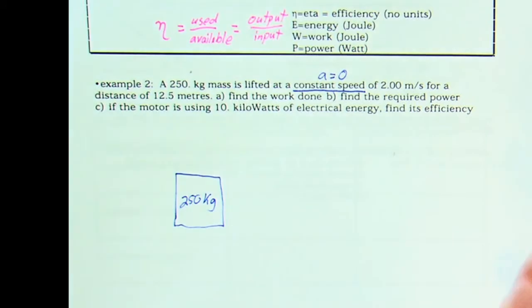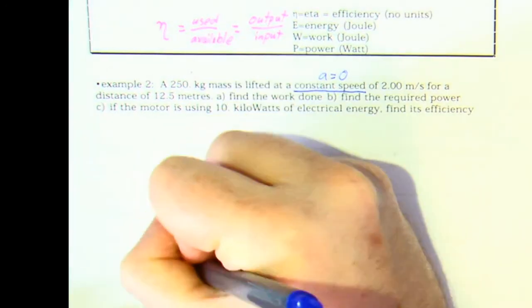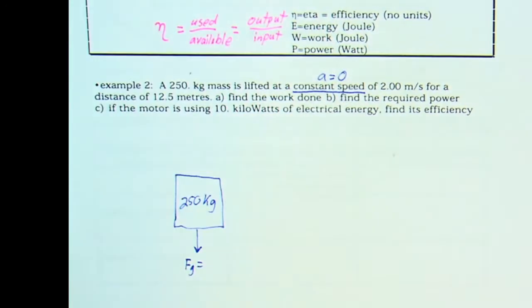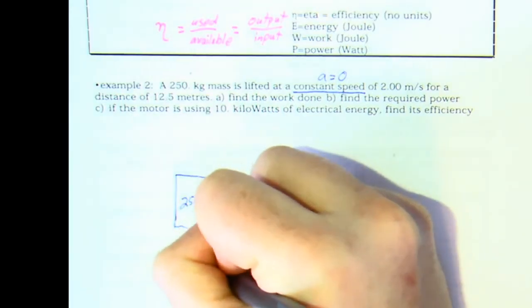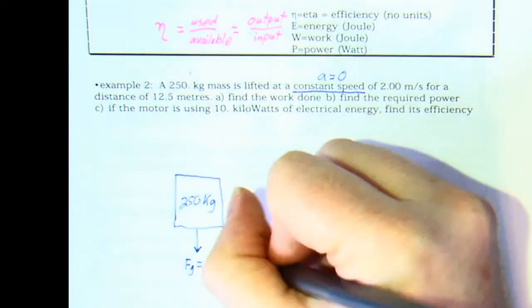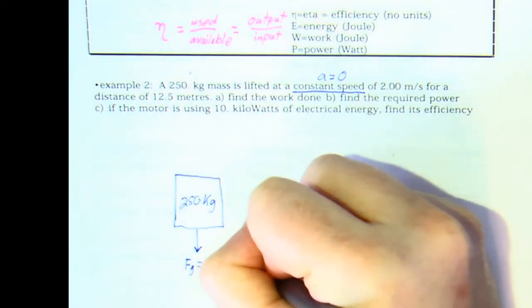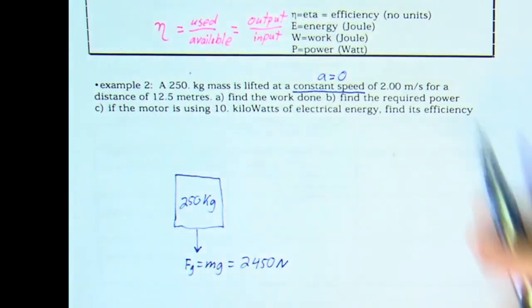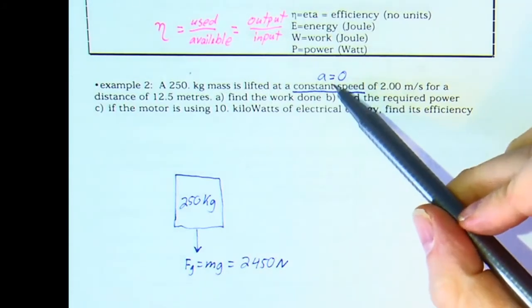Well, there are 2 forces acting on this thing. One doing the lifting, and, well, this is on Earth, so we've got gravity. So we've got Fg acting downwards. Fg is going to be, again, mass times gravity, which is 9.8 times 250, which is 2,450 newtons. But again, constant speed means acceleration is 0.